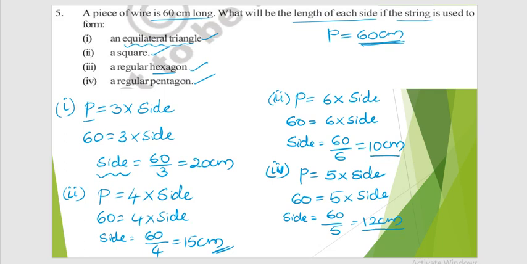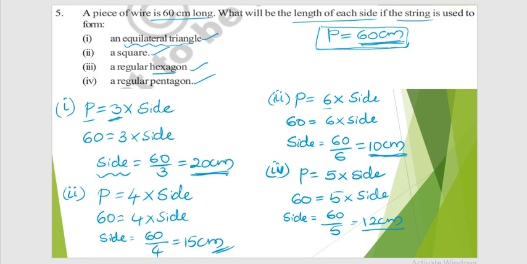So if you observe each and every side, one thing you can clearly understand: since the perimeter is fixed, when the number of sides increases, the individual side length decreases. See, if you are having 3 sides, I got 20 centimeters as side length, whereas if you are having 6 sides, then each side length is reduced from 20 to 10.